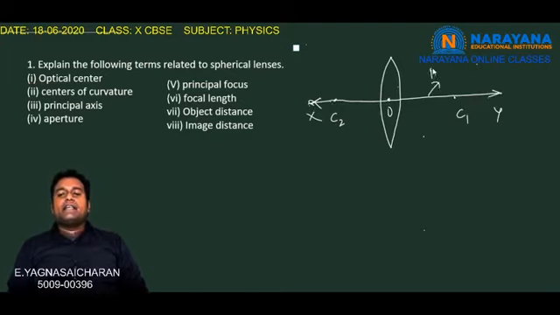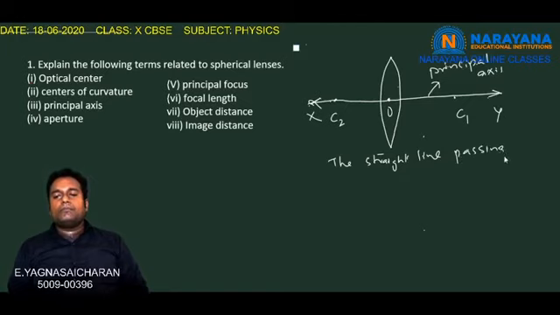This reference line is known as the principal axis. We can define the principal axis as the straight line passing through the centers of curvature and the optic center, or optical center.